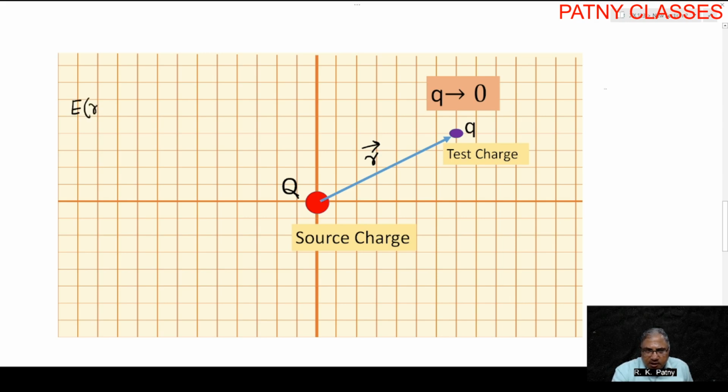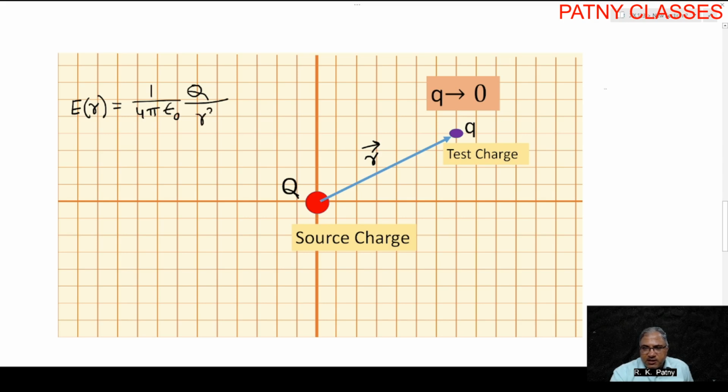It can be denoted as E of r equals 1 upon 4 pi epsilon naught. Why do we take epsilon naught? Because we already made a supposition that the charges are placed in vacuum. And if the magnitude of the charge increases, the value of the electric field also increases. So Q upon, and it is a function of r.